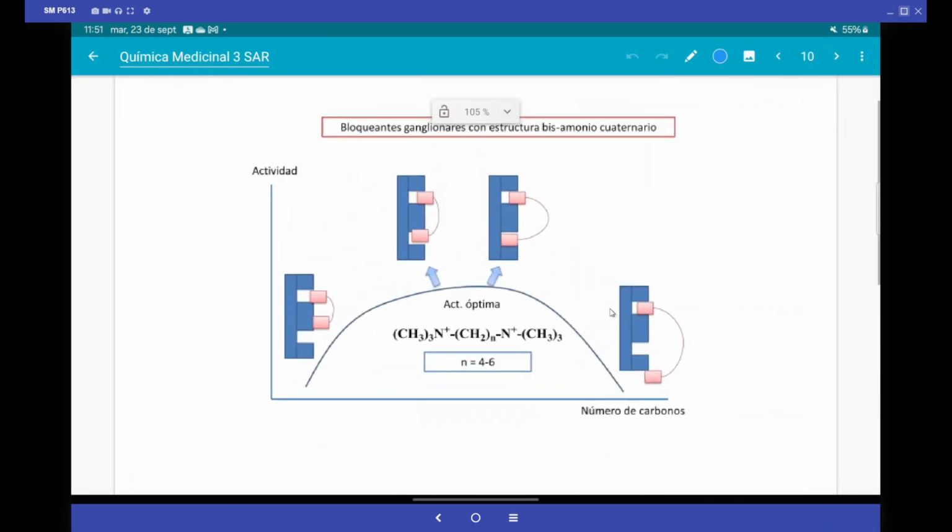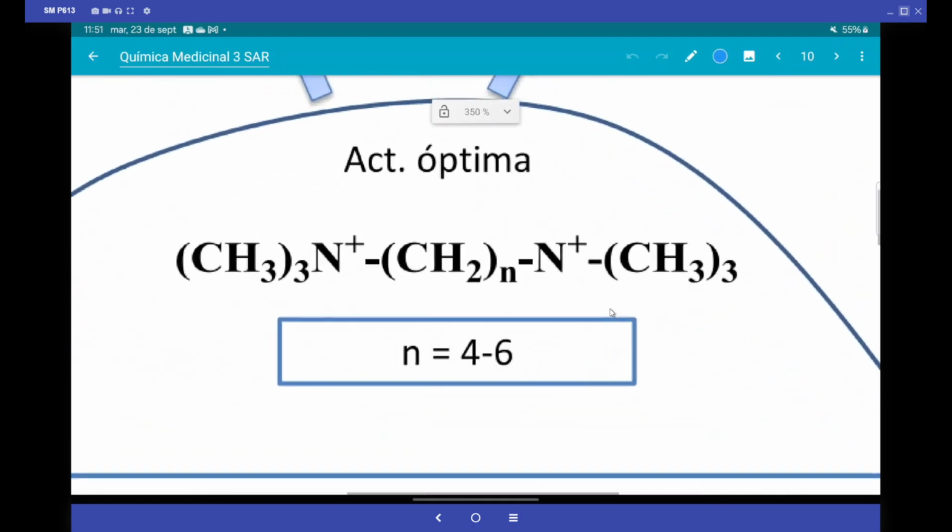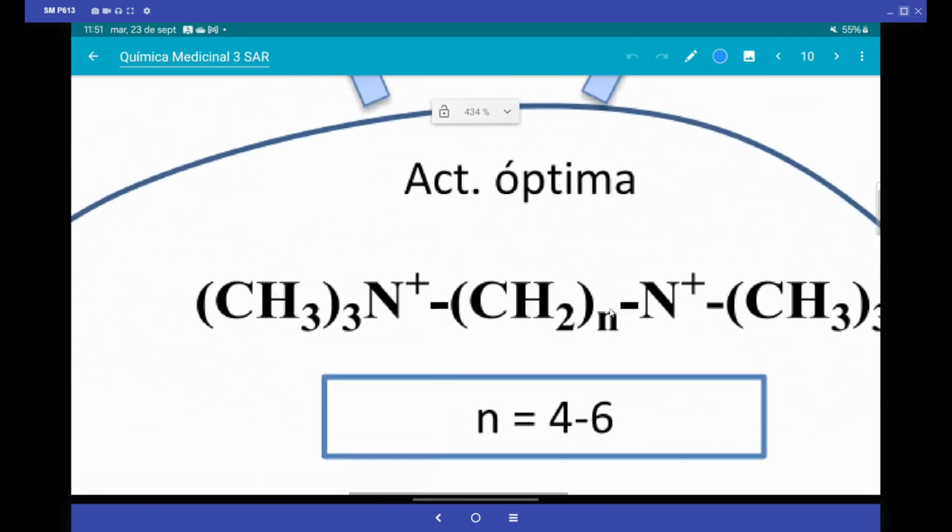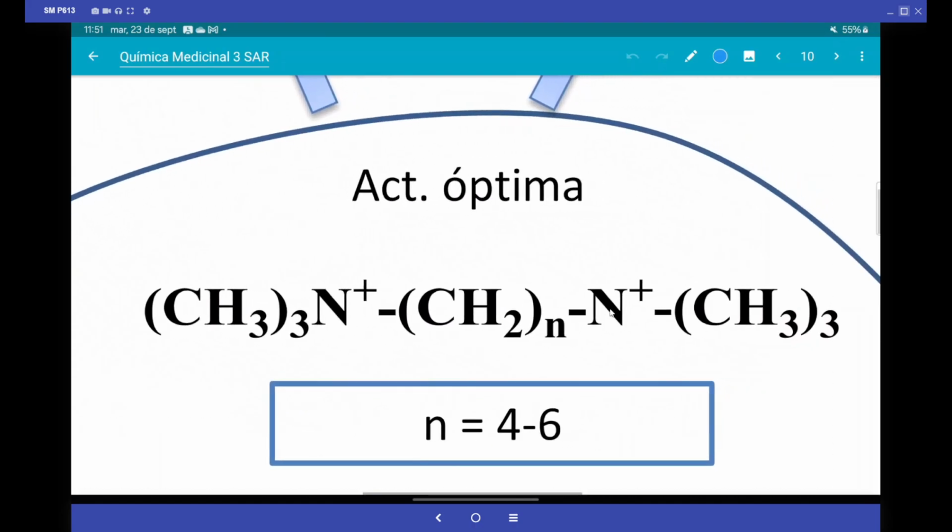The second example I am going to show is a structure you should remember from medium-term memory, before going to eat empanadas and anticuchos. You saw this: these are 2 quaternary amines and the chain that separates them. It was very simple.